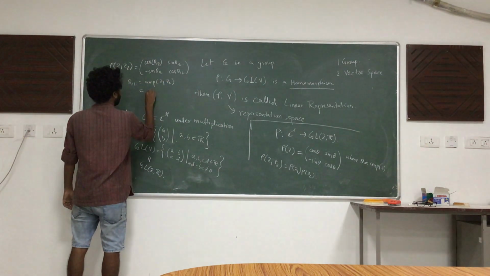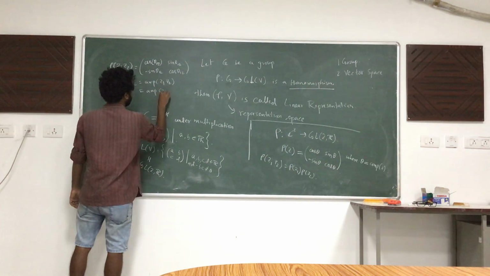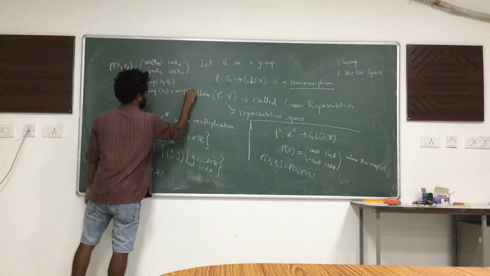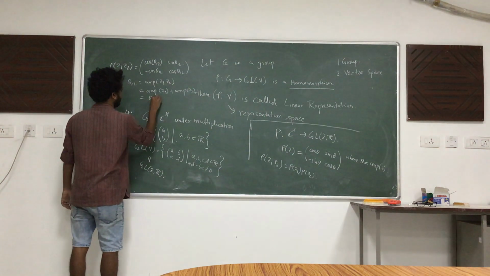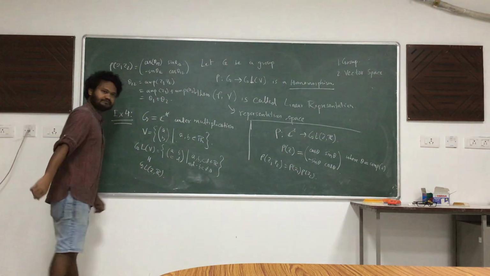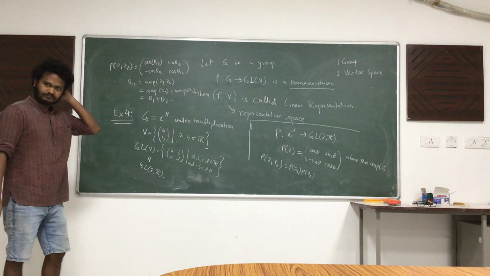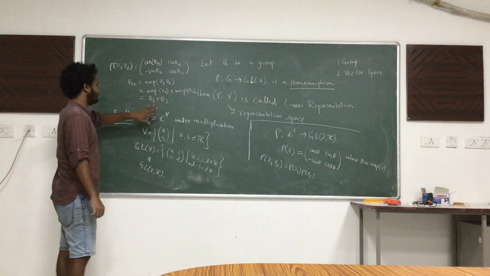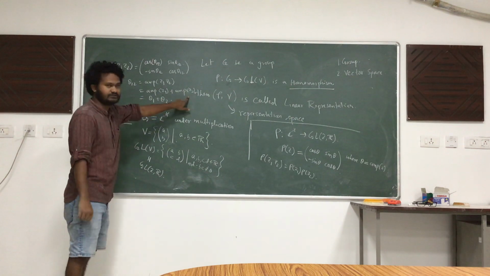This is nothing but amplitude of Z1 plus amplitude of Z2, which is theta 1 plus theta 2, where theta 1 is the amplitude of Z1 and theta 2 is the amplitude of Z2.